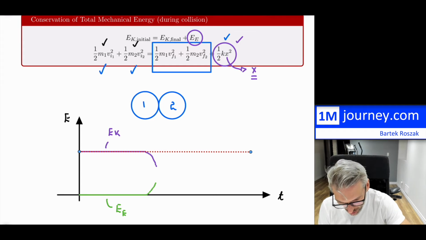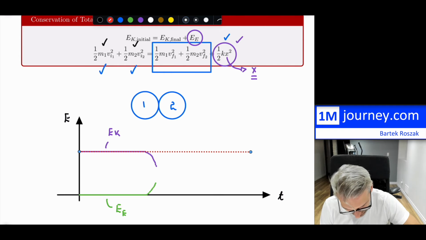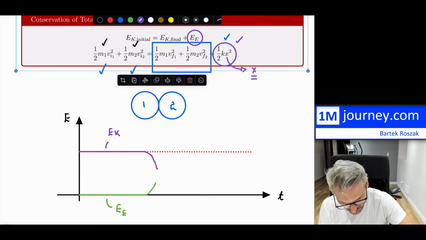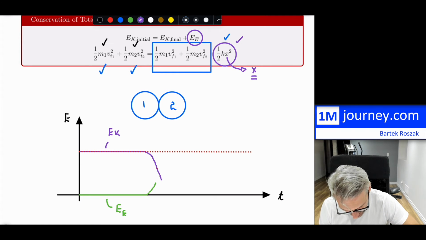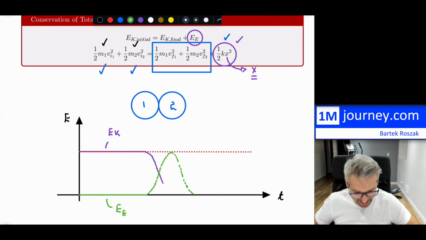And as you're moving along, the kinetic energy is going to decrease as much as possible until eventually this keeps increasing. Then it will have a peak right here, and that elastic energy is going to be given back out as the two objects collide and then separate.